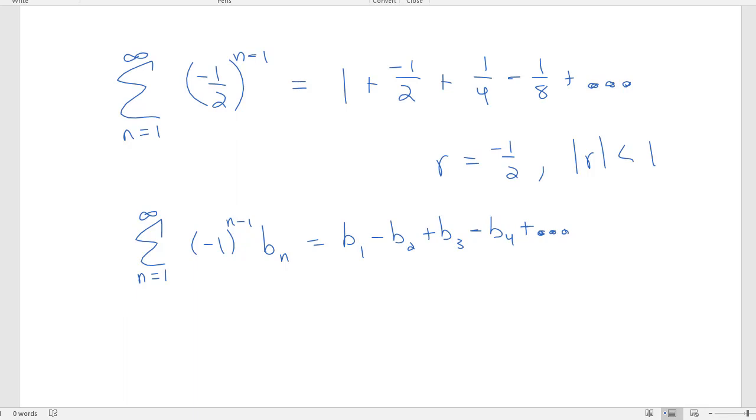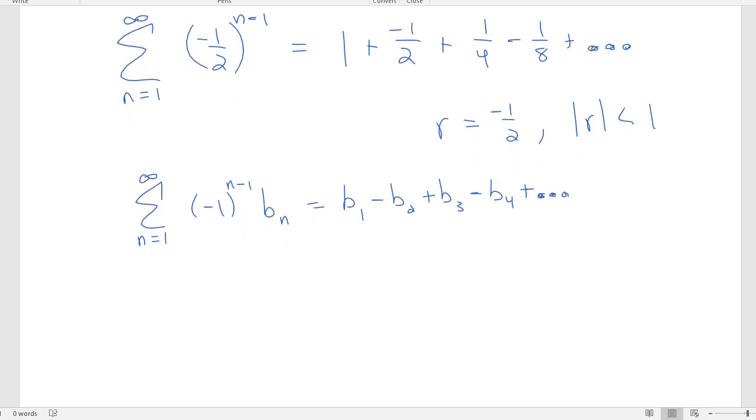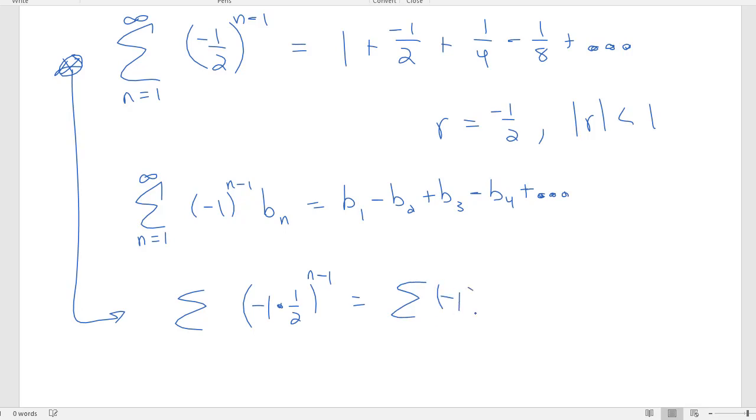All right. Now, if we look at our geometric series, we could write it that way. If I take a look at this geometric series here, this is really like -1 times 1/2 to the n minus 1. And then we can write that as (-1)^(n-1) times (1/2)^(n-1).